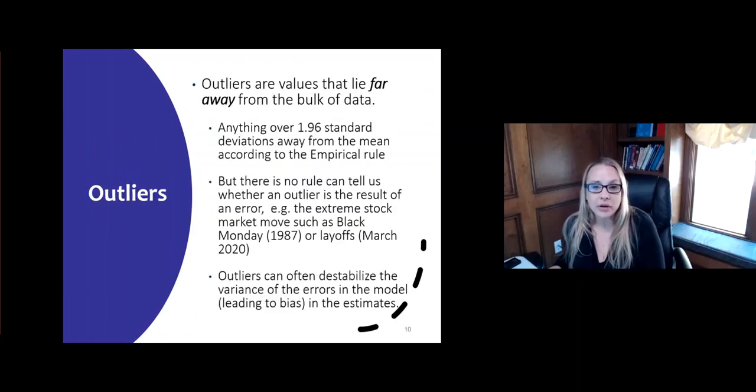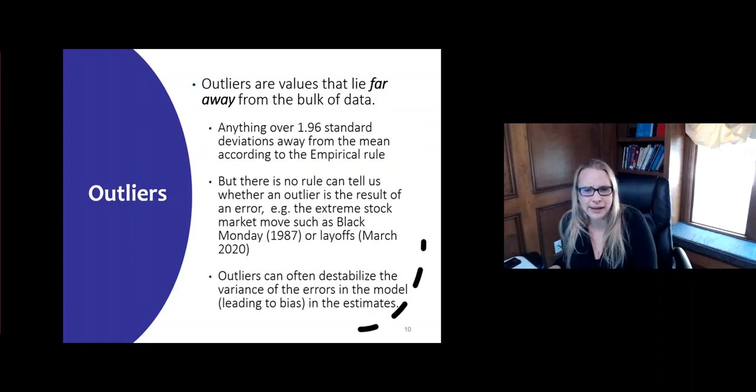As far as outliers are concerned, outliers are values that lie far away from the bulk of your data. Data that lie within 1.96 standard deviations comprise 95% of the area under the normal curve centered around the mean. So using the empirical rule, anything beyond 1.96 standard deviations about the mean is considered to be an outlier.